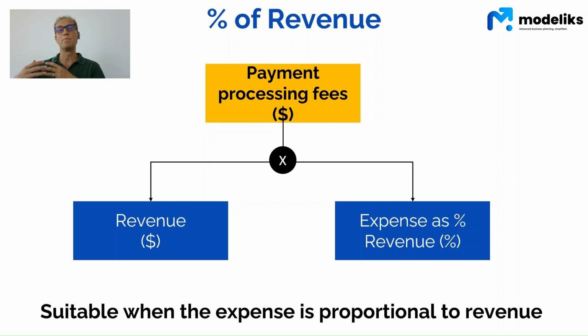We would have to pay a percent of our revenue as a cost to this payment processing service. So the best way to calculate the payment processing fees would be to multiply the revenues that we generate by the expense percentage for payment processing fees.